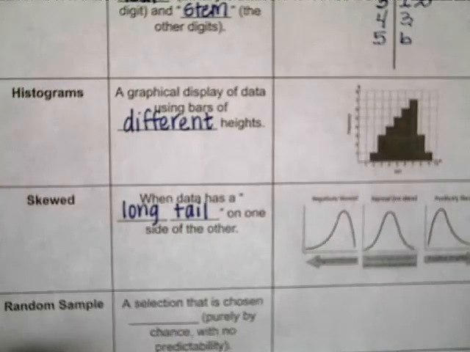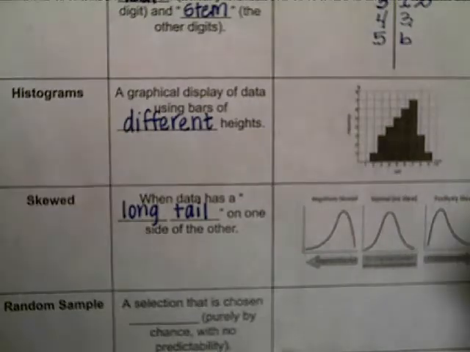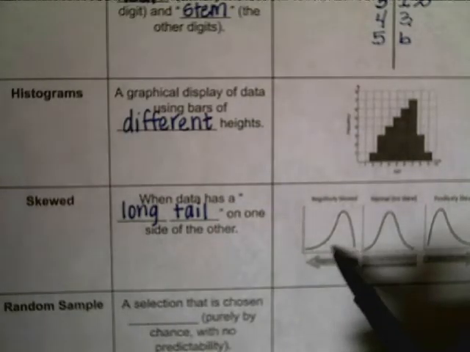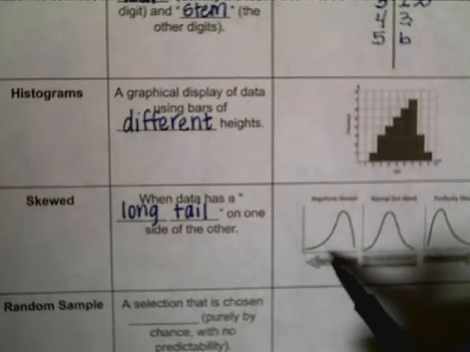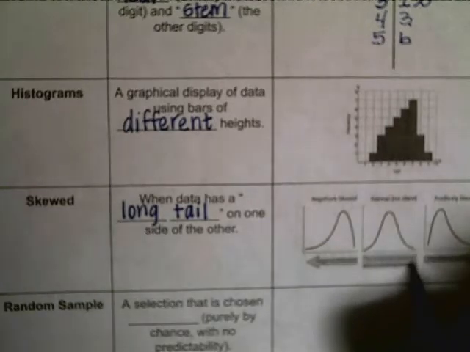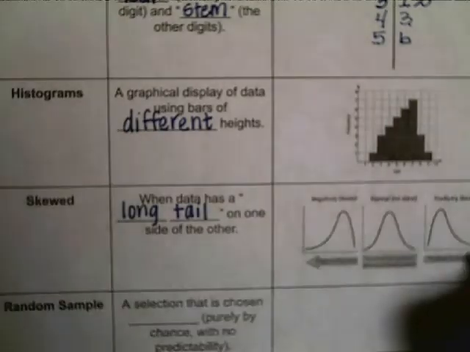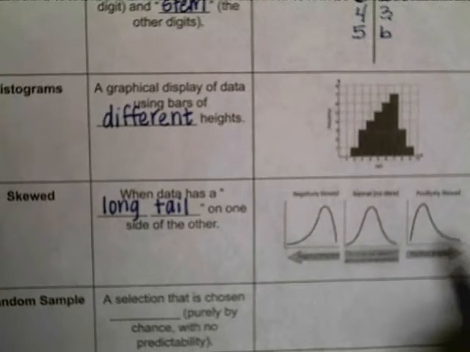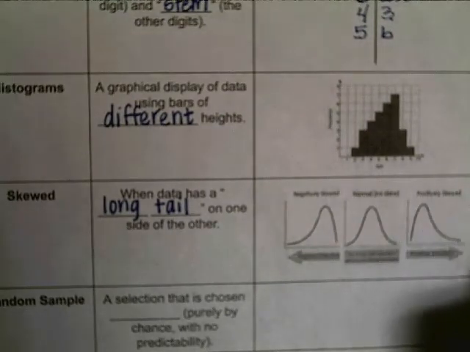You can have skewed data. For example, if you look at this first one, this represents a negative skew because the long tail is on the left side. The one in the middle represents no skew because it has a perfect bell curve. And then the one on the right is positively skewed because it has its long tail on the right side.